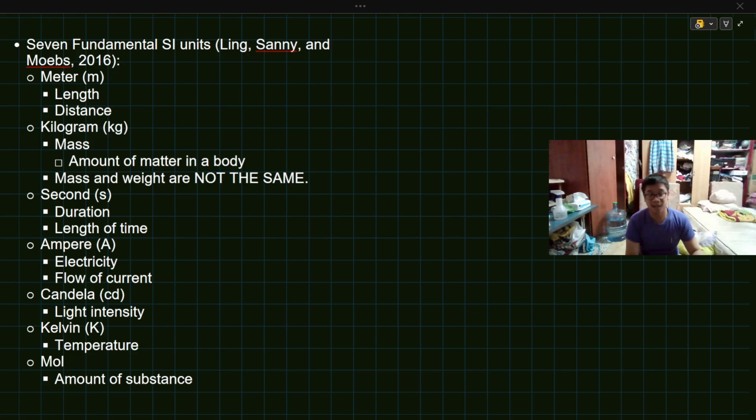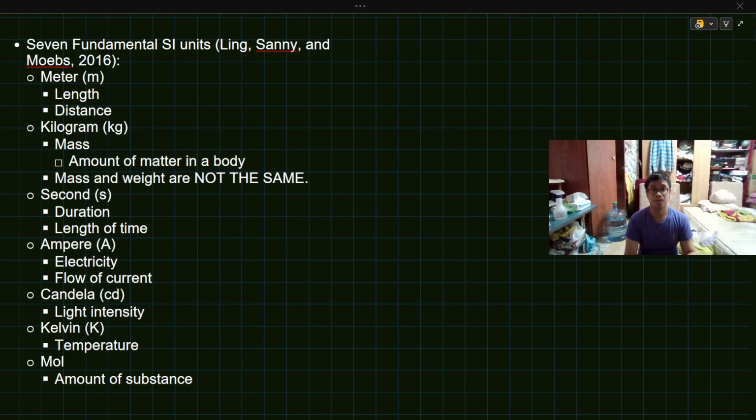Commonly, you may be thinking they are the same. Mass tells you the amount of matter, so does that imply that they're actually heavy? That means the smaller mass you have, the lighter you are.